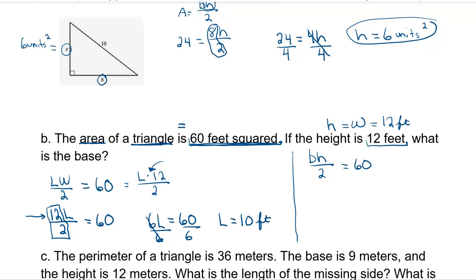Okay, so I'm going to do the same thing here, right? I'll go ahead and do sort of the uncomfortable format first, and I'm going to do B times 12 divided by 2 equals 60. But that looks really uncomfortable. So again, if you don't like that, go ahead and flip it like I did before. 12b divided by 2 equals 60.